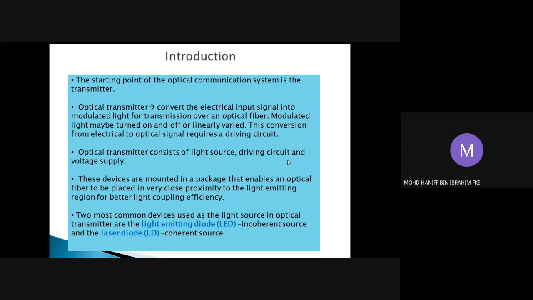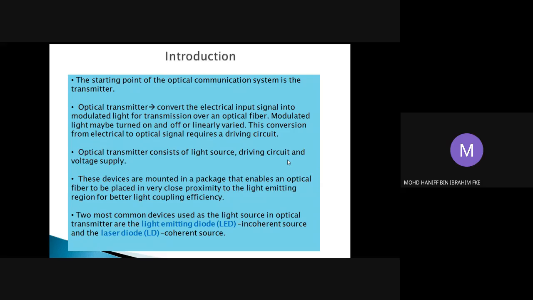So this is the coupling of light from a transmitter to the optical fiber. As I mentioned in the early part of this lecture, there will be two types of light source that will be covered in this chapter 4. The first one will be the LED, the light emitting diode.